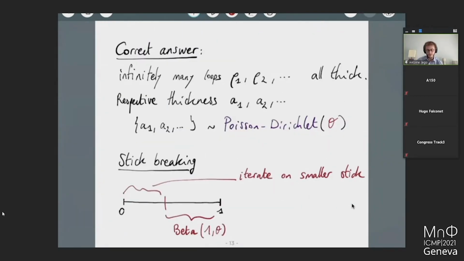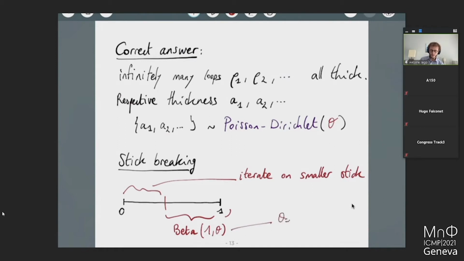A way to understand this distribution is as follows. This is known as the stick-breaking procedure. Here you look at a random partition of 1, and you select a portion of your stick which is distributed as a beta distribution with parameters 1 and theta.